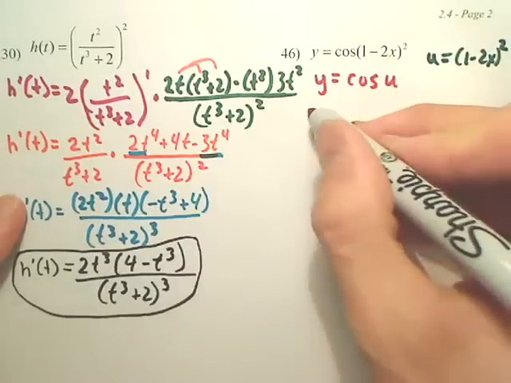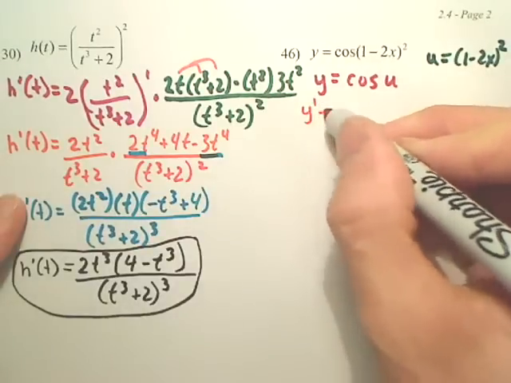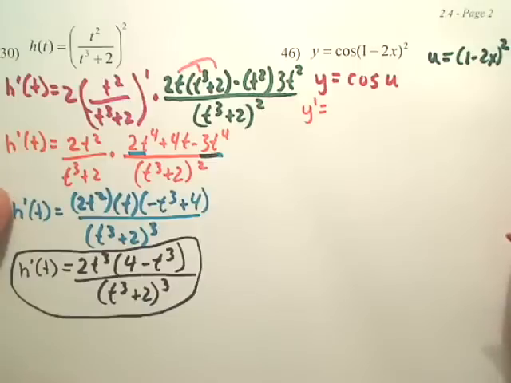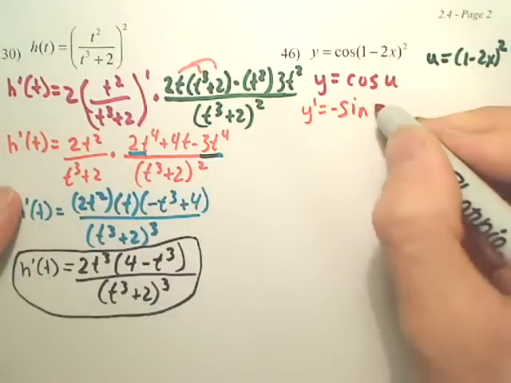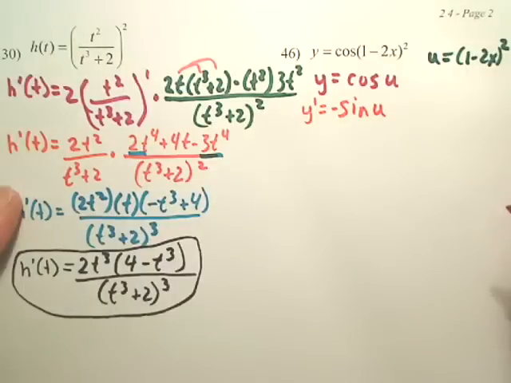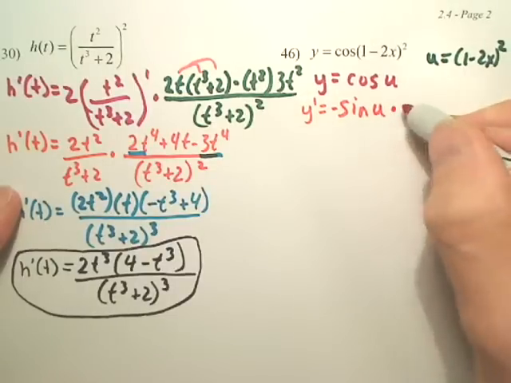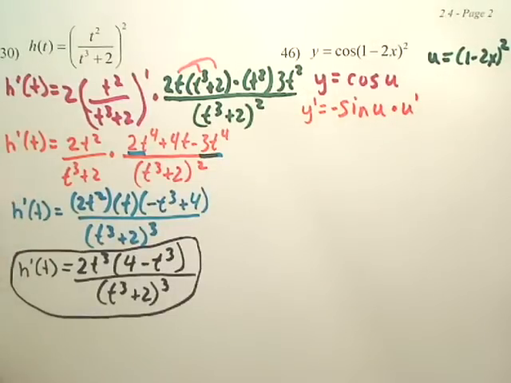So, to derive this, y prime, well, what's the derivative of cosine? Negative sine u, but according to the chain rule, you're also supposed to multiply by u prime. Got it? Now, let's derive u prime real quick.